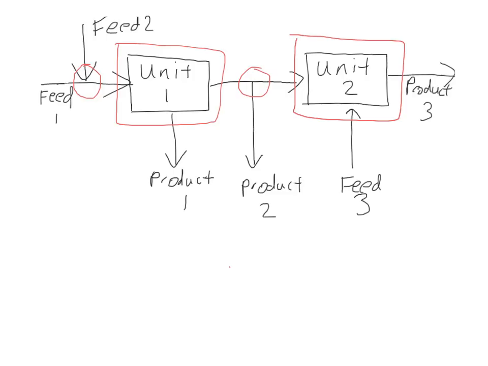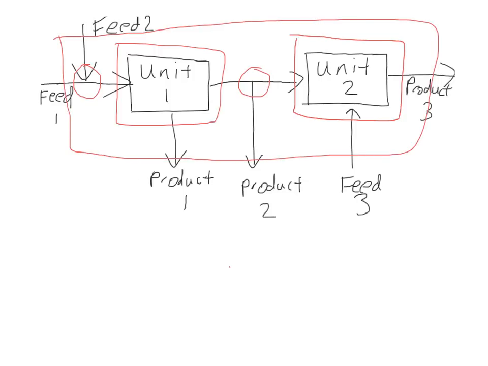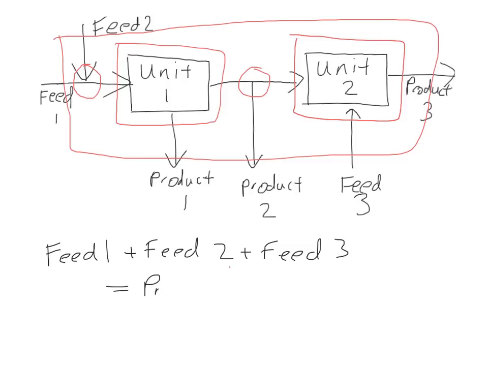There's one other boundary that we can draw here, and that's around the entire system. So let me just draw around here. If I do the material balances around the entire system, I would have feed 1 plus feed 2 plus feed 3 is equal to product 1 plus product 2 plus product 3.